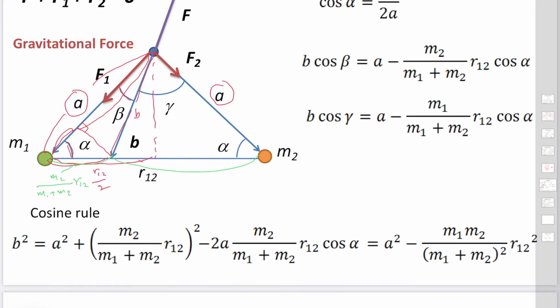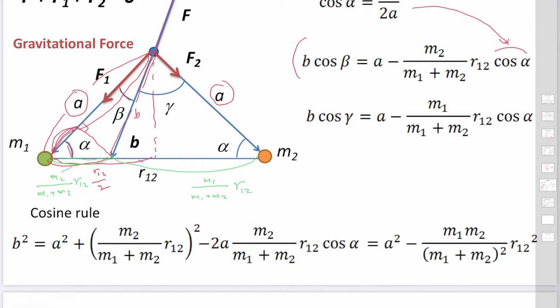This length is m sub 1 over m sub 1 plus m sub 2 times r sub 1 2. So this length times cosine alpha becomes this. So you can find B cosine beta, and for the cosine alpha, you can substitute here.